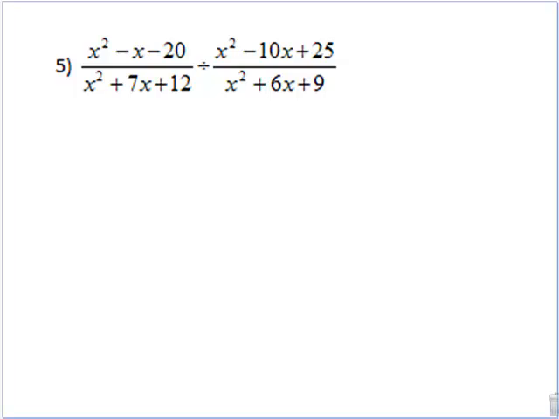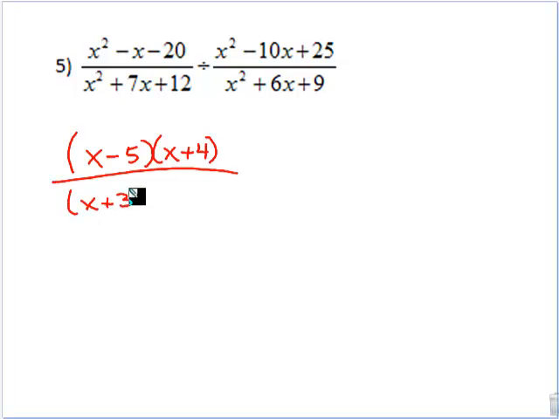Probably, so we should definitely try to do that. So we'll start off with the very first one here, x squared minus x minus 20. How does this end up factoring? Yep, x minus 5 times x plus 4 over x squared plus 7x plus 12. Yeah, x plus 3, x plus 4.